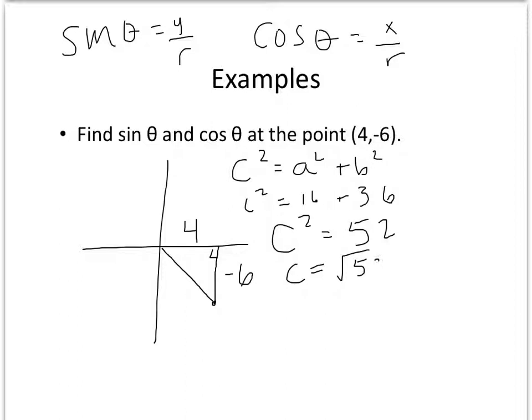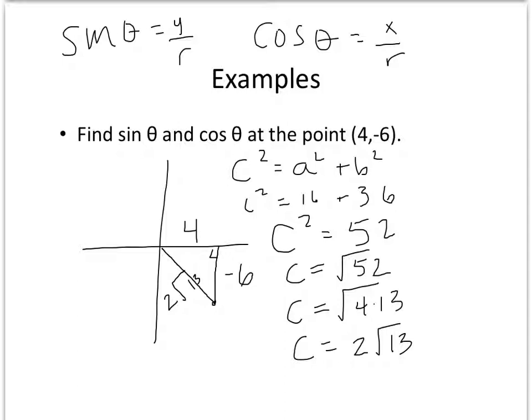And this turns into a lot of algebra, but what I need to do here is simplify. Inside here, you can write that as 4 times 13. So your c value is actually 2 root 13. So a little algebra using the Pythagorean theorem, but we can easily do that to figure out the radius, which in this case is our hypotenuse.